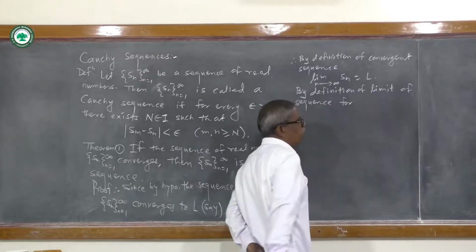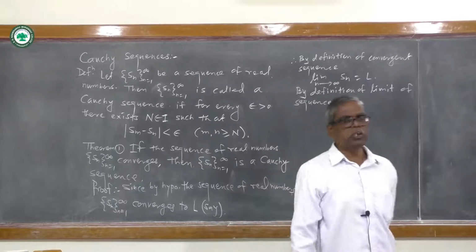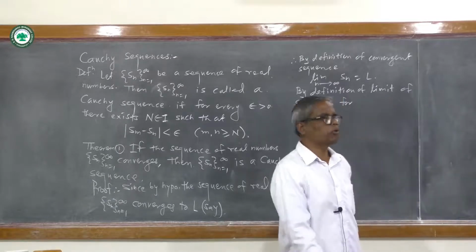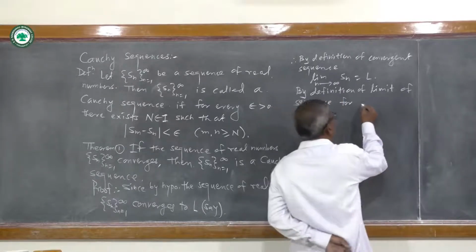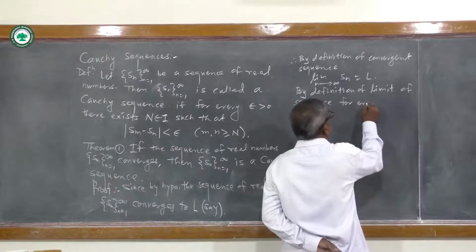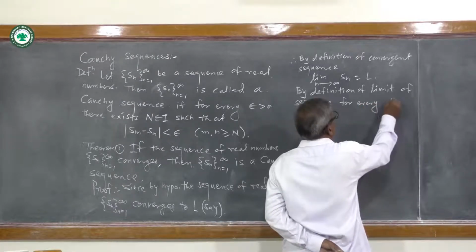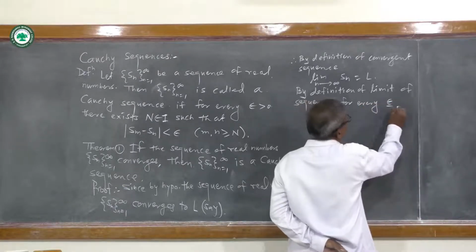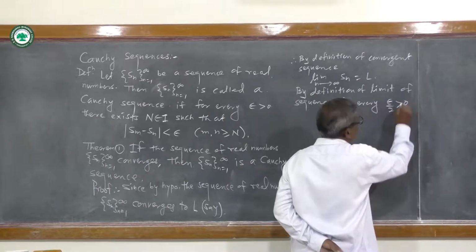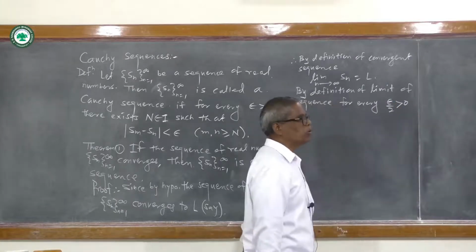for every given epsilon positive, epsilon by 2 is also positive. We take epsilon equal to epsilon by 2, positive.